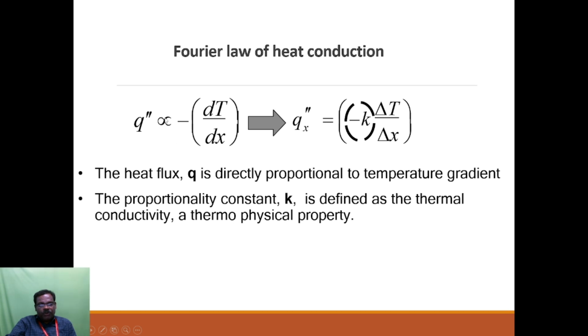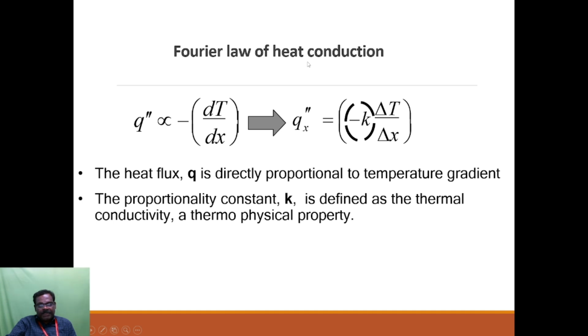So you are going to remove this proportionality. The proportionality constant is written as minus K. K is the thermal conductivity. So Q equal to minus K into delta T divided by delta X is called Fourier law of heat conduction.